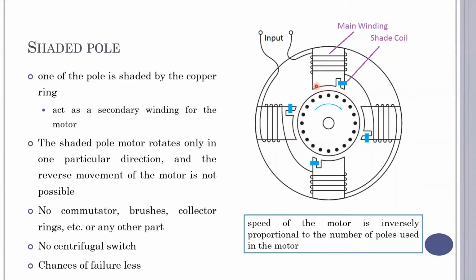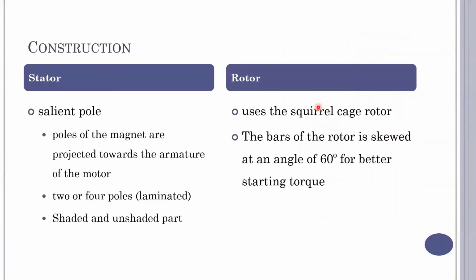So here we have a scattered field, and here at the shaded ring region, we have a dense field. So here we could see that we experience a difference in flux, and hence the rotor starts to rotate.